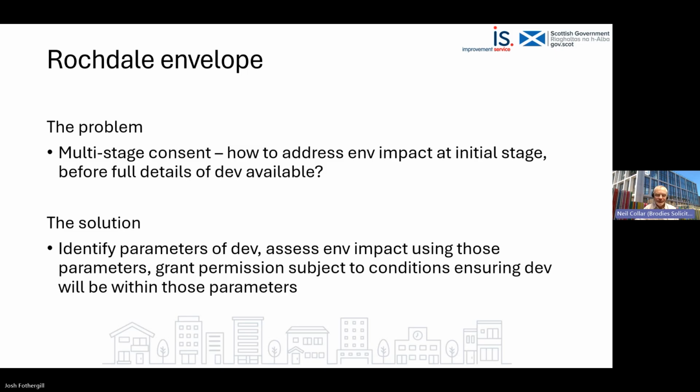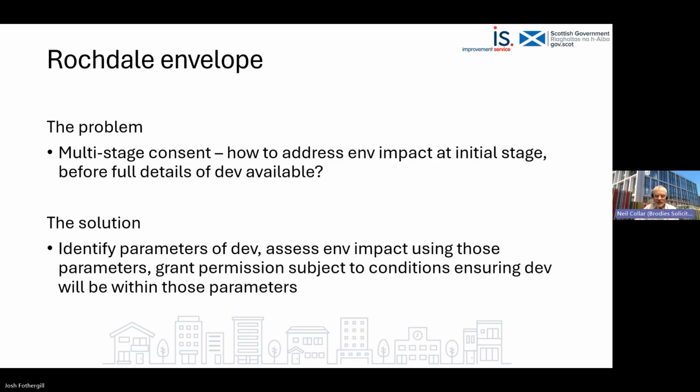The solution is that within the application, you identify parameters of development, you address the environmental impact using those parameters, and then you grant the permission subject to conditions requiring the development to fit within those parameters. And the parameters are the design envelope, the Rochdale envelope, and it is really, certainly in principle, that straightforward.